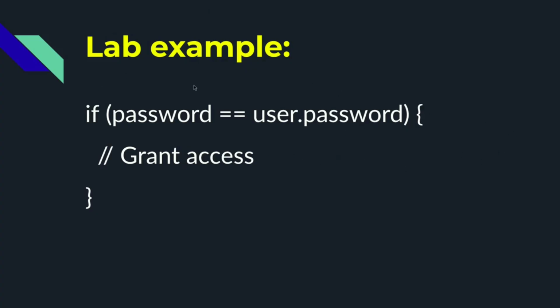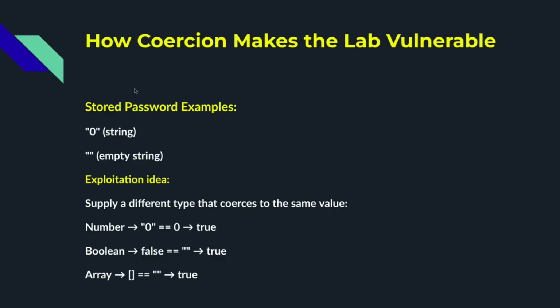The developer or the programmer, whoever they are, used the loose equality operator. So this is very risky. It's very bad. This is what causes the vulnerability that we saw, all the scenarios that we saw. I'm gonna break them down so you can understand how the vulnerability comes about. I know everybody's wondering how does this make the lab vulnerable? But this is what we're gonna look at right now. Alright.